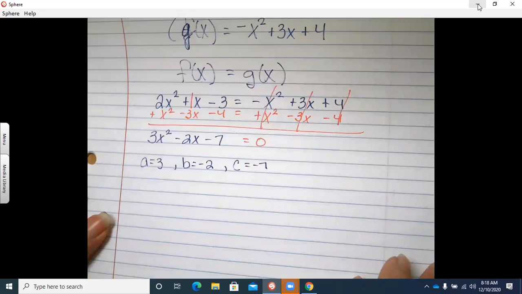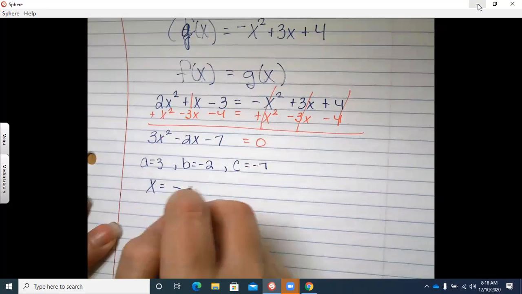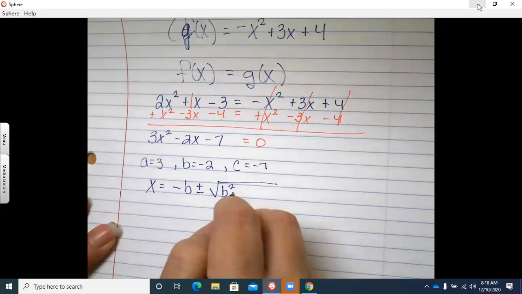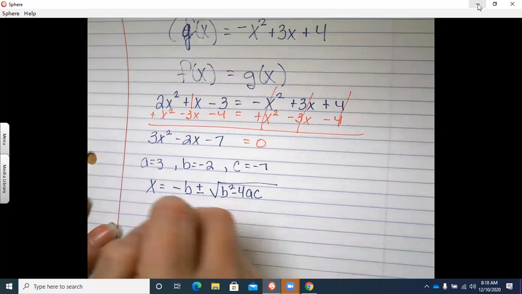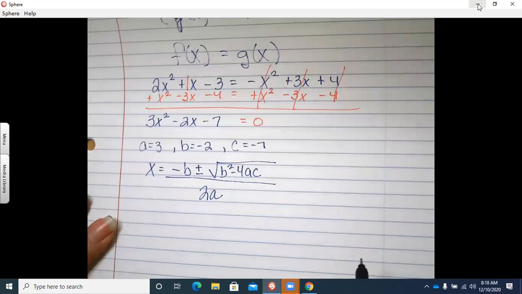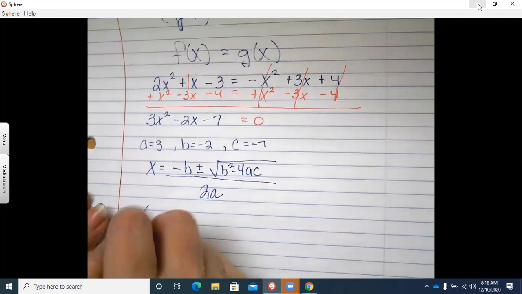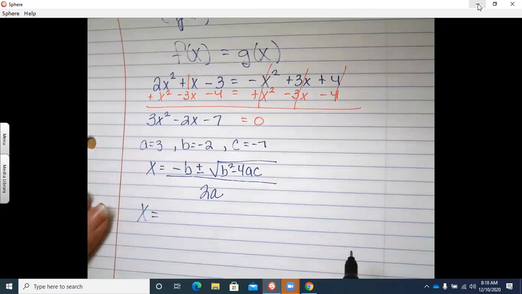So we have x equals negative b plus or minus square root b squared minus 4ac all over 2a. X equals, what is the opposite of b? Positive 2. Plus or minus the square root of b squared.